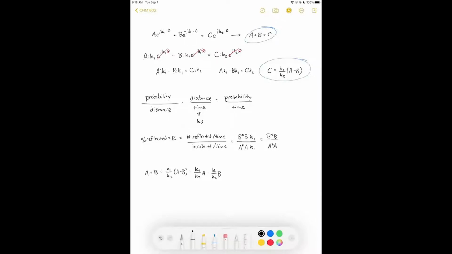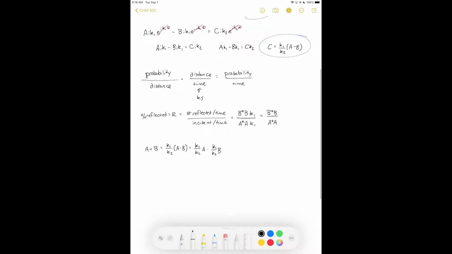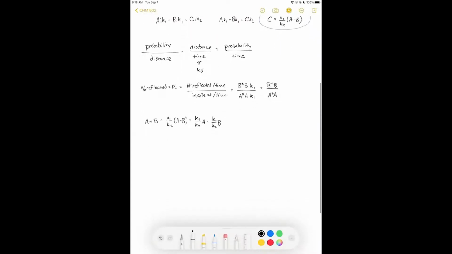We'll pool the b's on one side and the a's on the other side. In doing this, we will get minus a plus k1 over k2 a, and then this is equal to b plus k1 over k2 b. So I've added this b to this side and subtracted this a to that side.